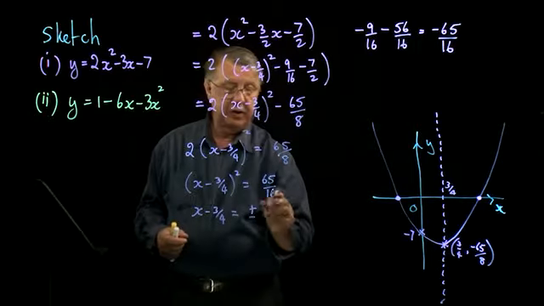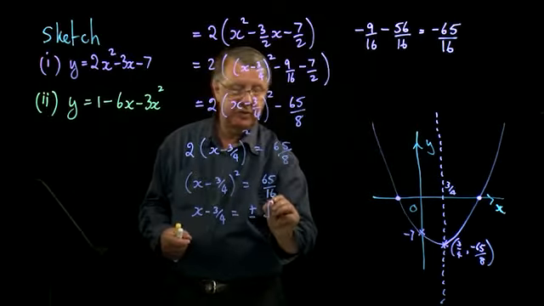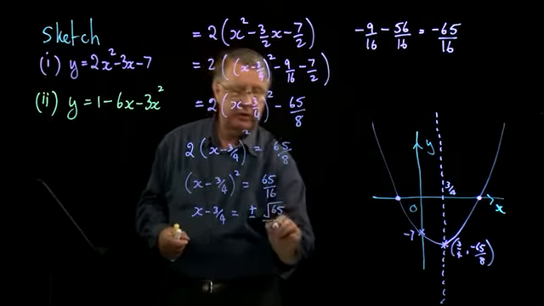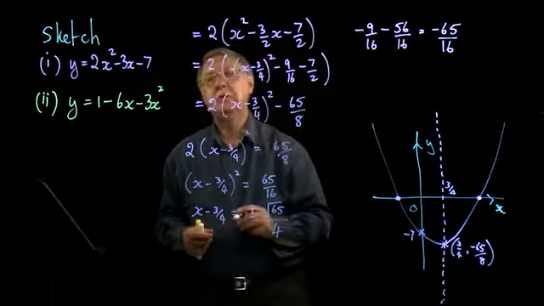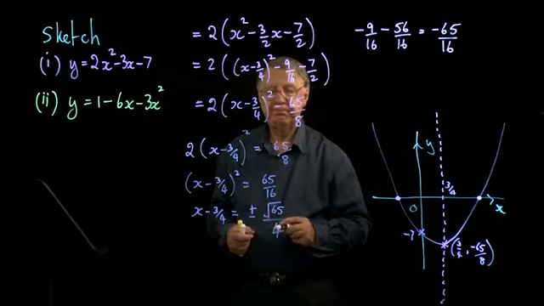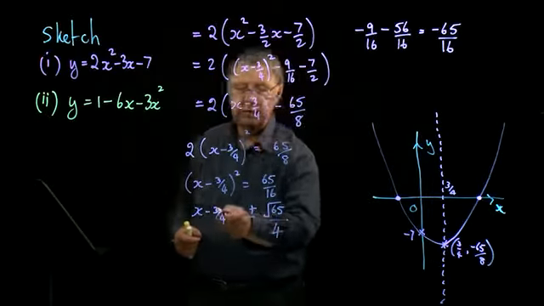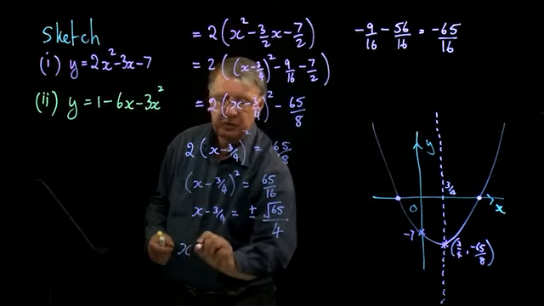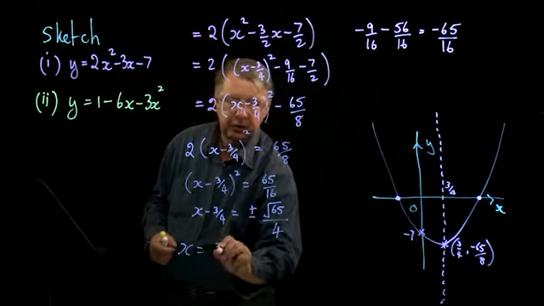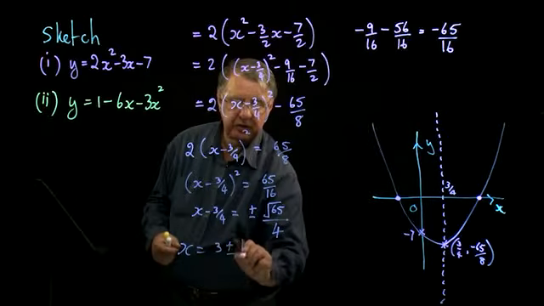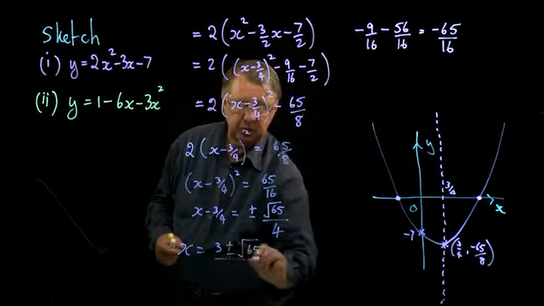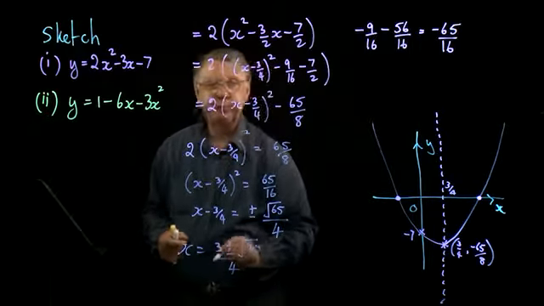Well, 65 hasn't got a square root, it's just going to be the square root of 65. 16, of course, has got a square root. So add the 3/4 to the other side, and I end up with the two solutions of 3 plus or minus the square root of 65, and they're both over 4, so let's put the 4 there.